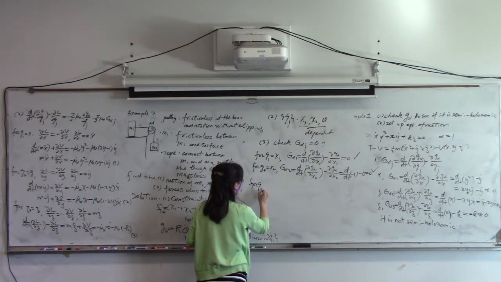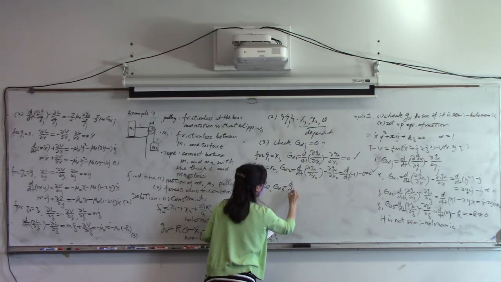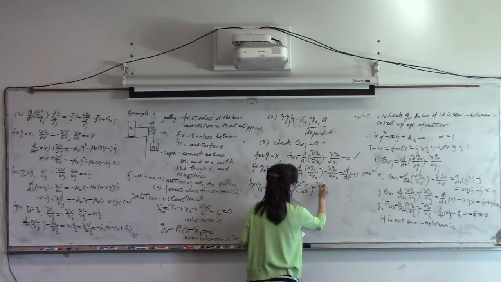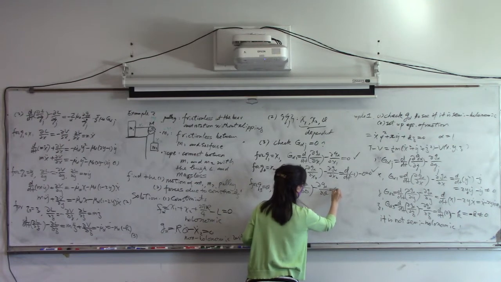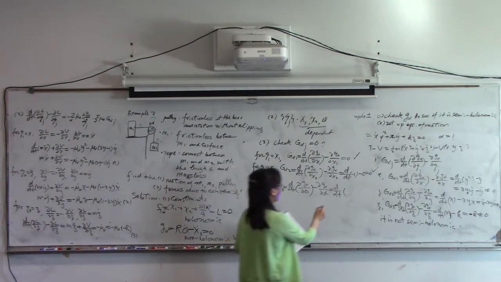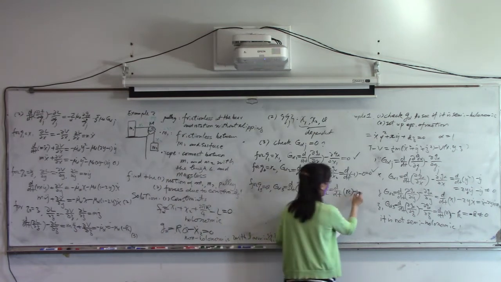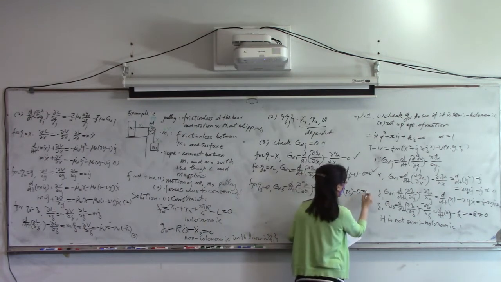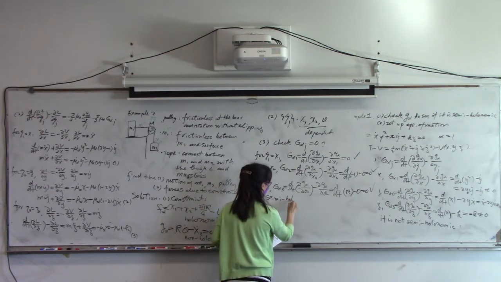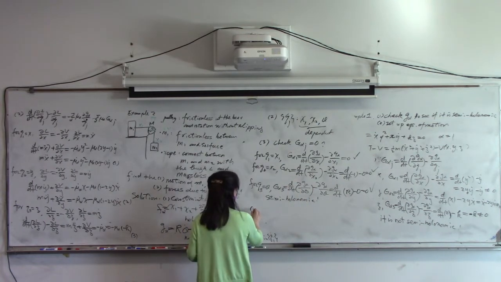So, okay, the last one, let's do that. d/dt of partial g alpha over partial theta dot, minus partial g alpha over partial theta. Partial theta dot is here, it is R, right? Minus partial g alpha over partial theta, there's nothing, that's 0, because R is constant, so that's 0. Okay, yes. So this is a semi-holonomic constraint. If that is the case, now we go to the next.